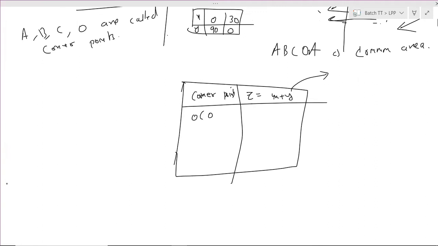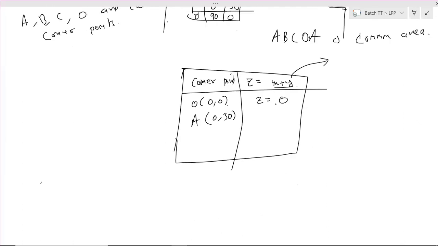The origin is 0, 0. Put 0, 0 in this equation and you will get z equals 0. And A, the coordinates of A are 0, 30. If you put this, you will get 30.